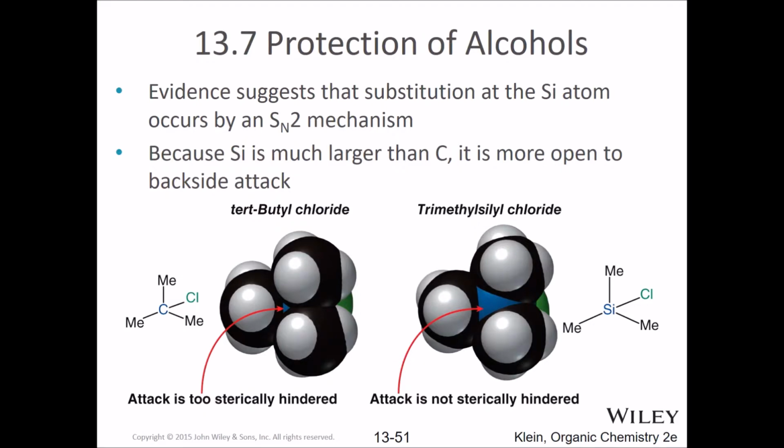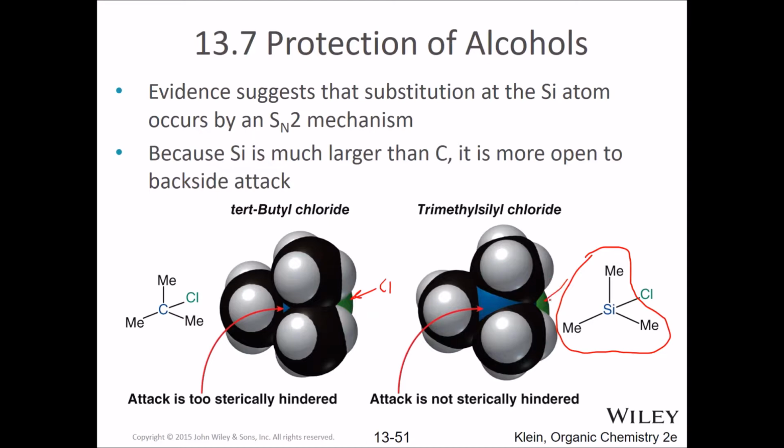Now, why is TMS a good cap? Well, it's because the substitution at the silicon atom can occur by an SN2 mechanism, and the silicon is much larger than carbon, so you can get the backside attack. There's your chlorine right there.